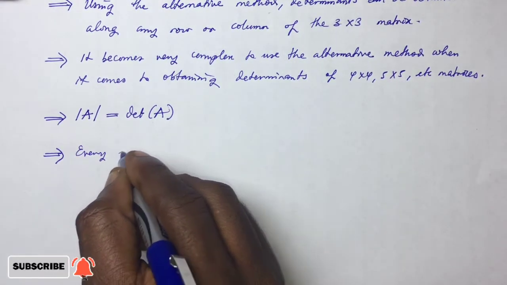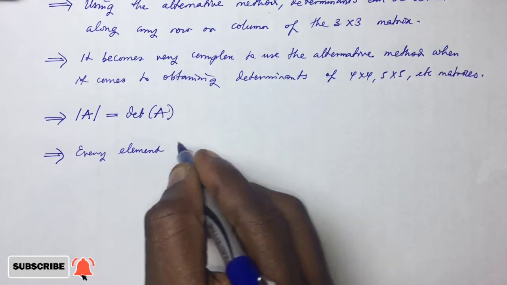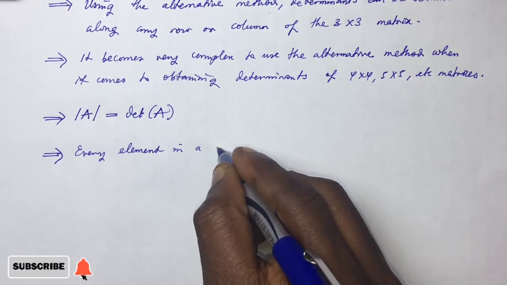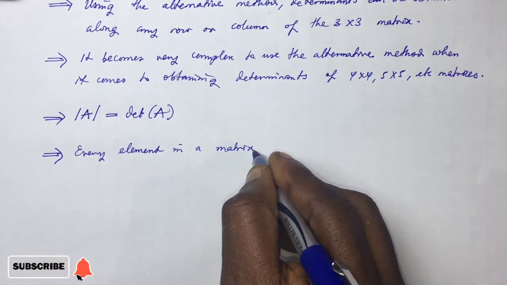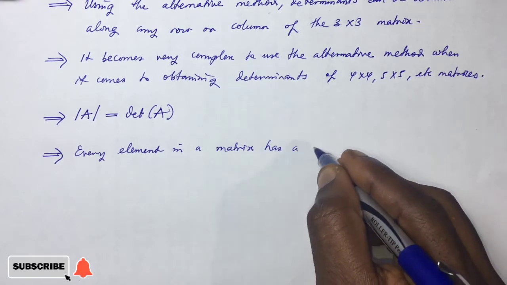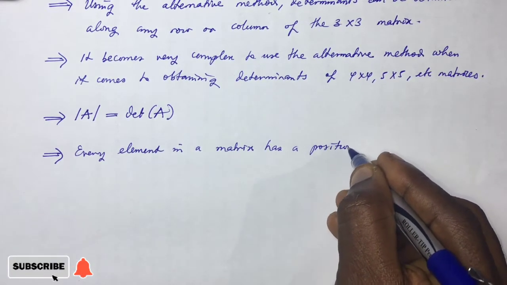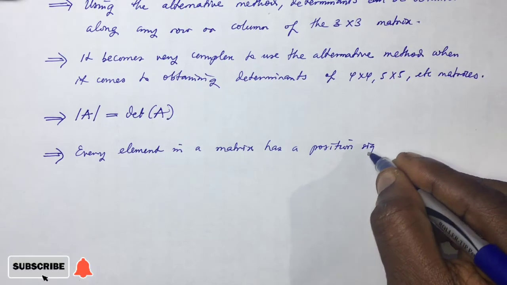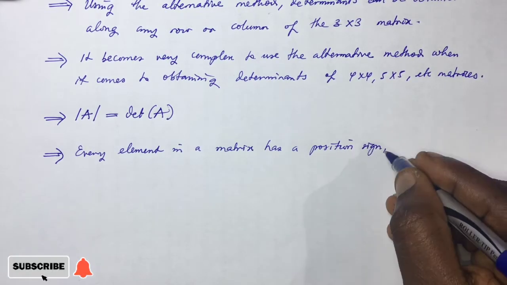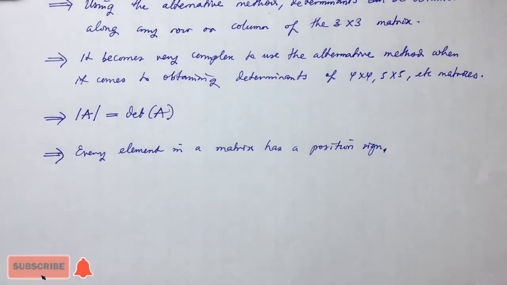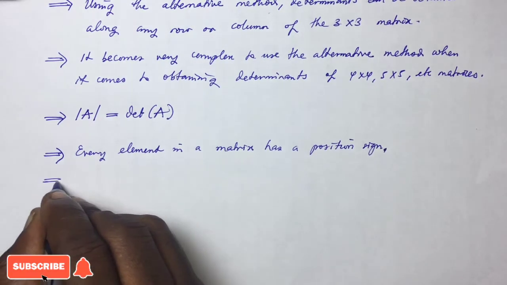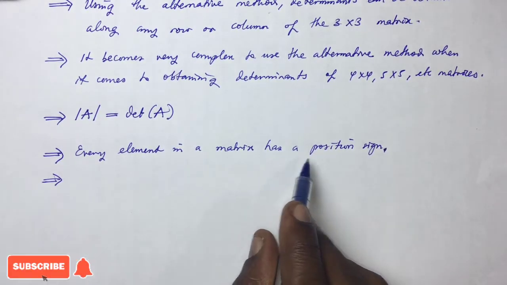Now, every element in a matrix has a position sign. Okay? Now, so every element in a matrix has a position sign.